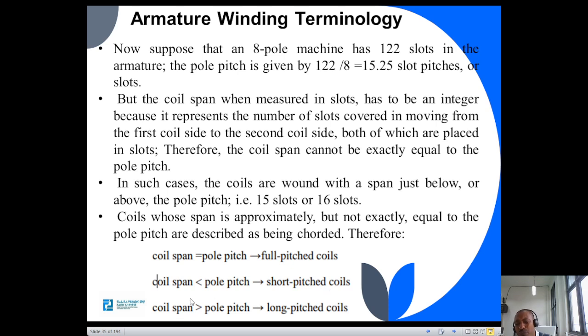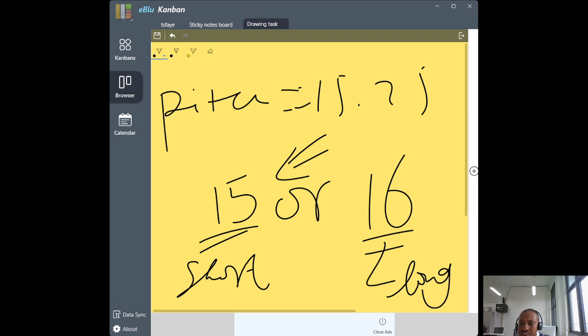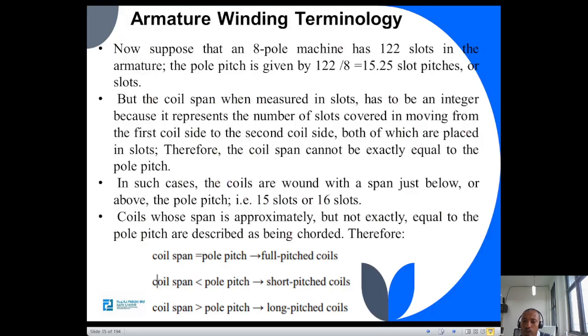And if the coil span is greater than the pole pitch, it is a long pitched coil. Now in this case, our pole pitch was 50.25, but we are taking less than this, 50, which we name a short coil pitch. And if we take 60, which is greater than the pole pitch, we call it a long pitch type coil.